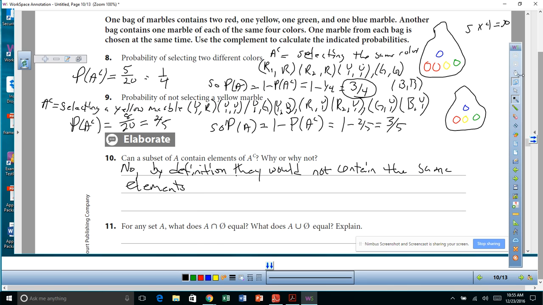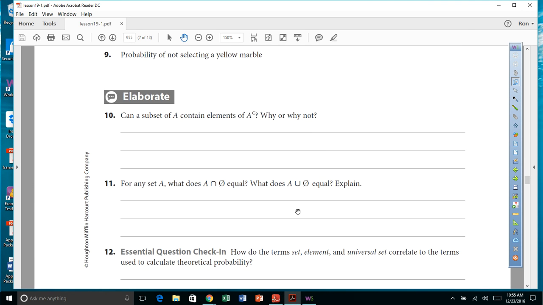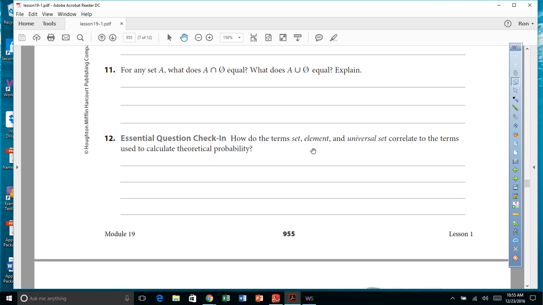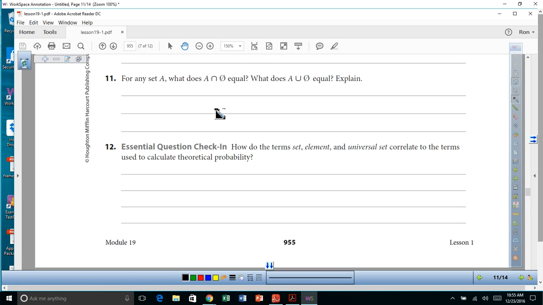All right. For any set A, what does A intersection the null set equal? What does A union the null set equal? So A intersection the empty set is the empty set, since the two sets do not have any elements in common.